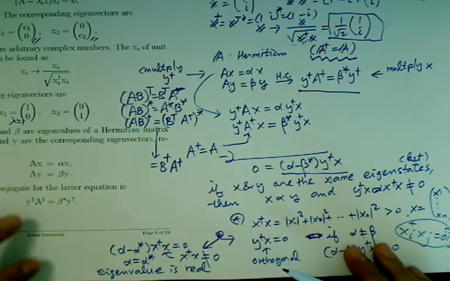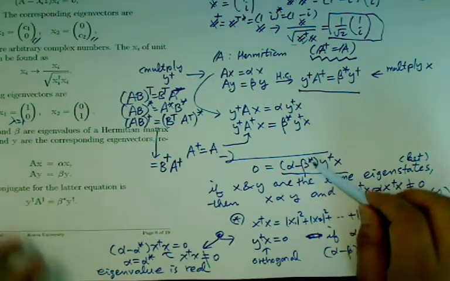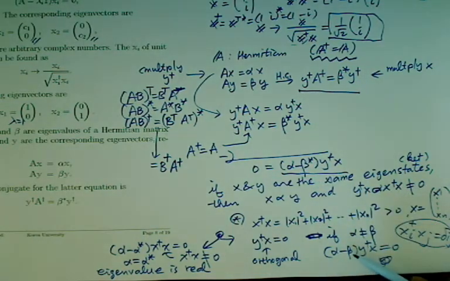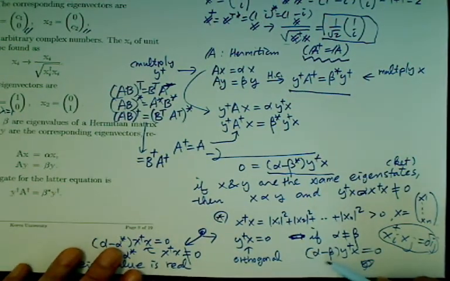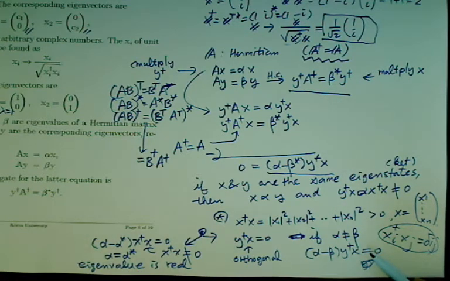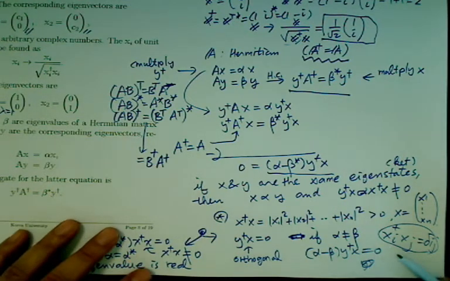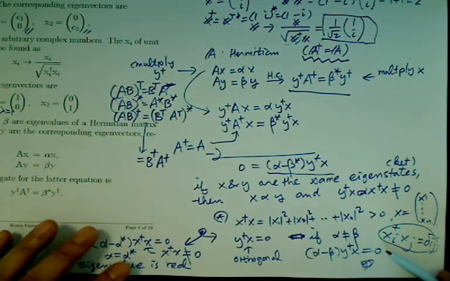Because the eigenvalue is real, I can replace beta star with beta. So alpha minus beta multiplied by y dagger x equals 0. If the eigenvalues are different, that means the states are orthogonal. The product is 0. So as a result, we can construct this orthonormal relation after normalization.